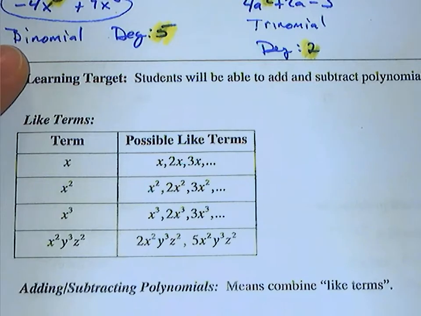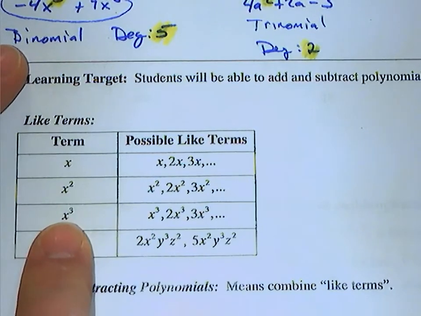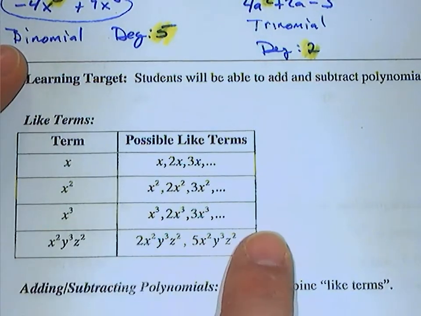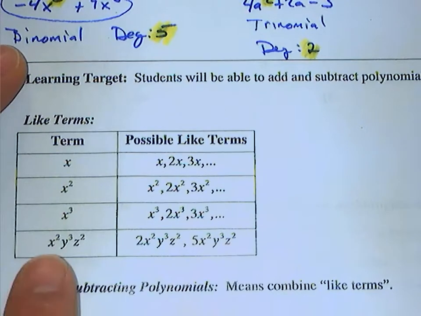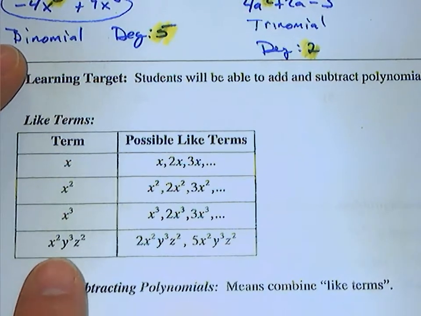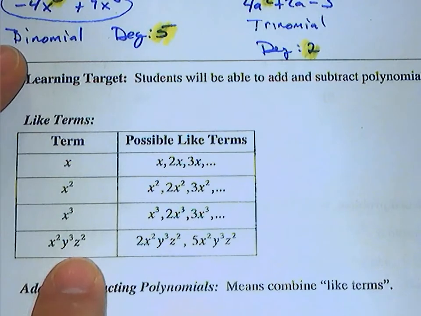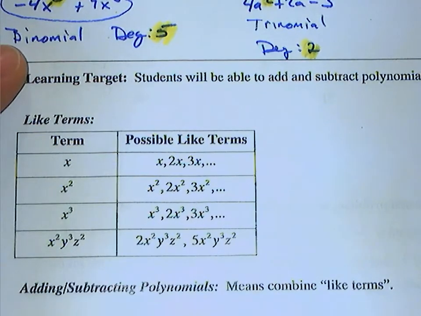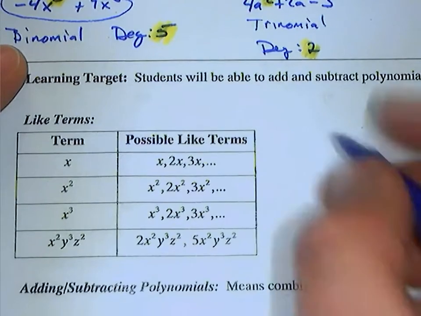If I have an x cubed, they're all going to be x cubed. If I have x squared, y cubed, z squared, then all of them have to have the same variables, same exponents.